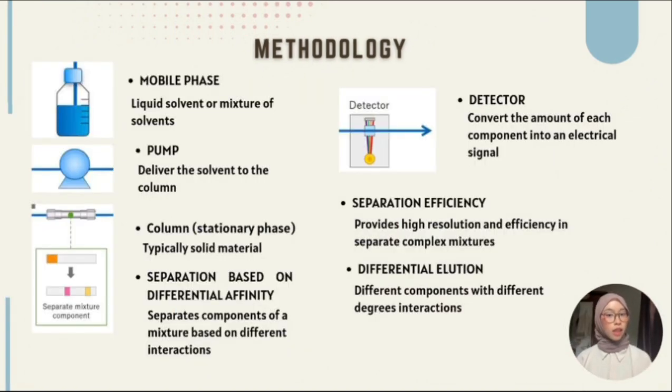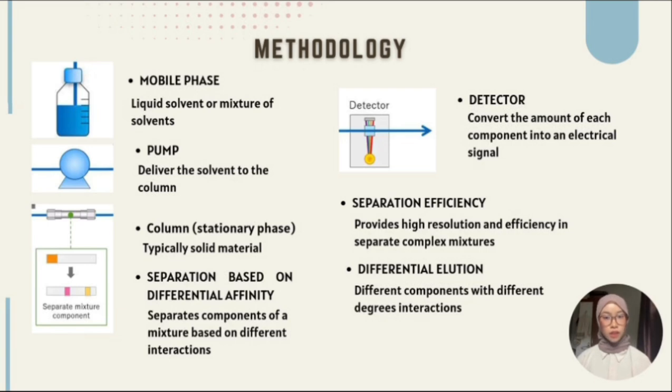In addition, let's learn about the principle of HPLC. First, we got a mobile phase. It is a liquid solvent or mixture of the solvent. Next is pump. It delivers the solvent to the column. So, column is a stationary phase that is typically solid material. So next, we got a separation based on differential affinity. It separates components of a mixture based on different interaction.